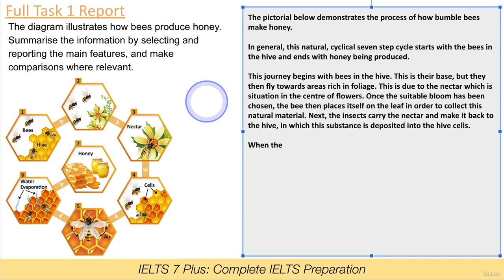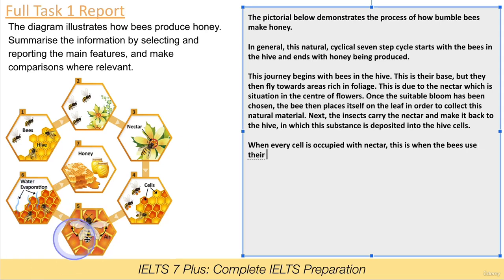When every cell is occupied with nectar, this is when the bees themselves use their, well, they look like they're sort of flapping their wings a little bit to produce air. So they're starting a reaction almost.